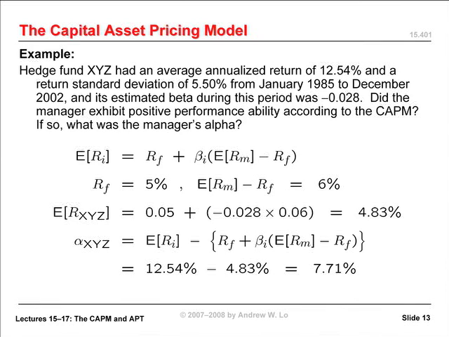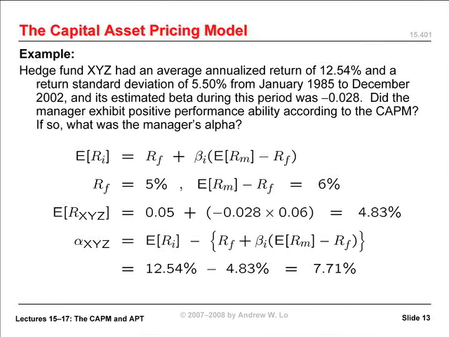Well, let's do the math. The expected rate of return is equal to RF plus beta times the market risk premium. Market risk premium of 6%, risk-free rate of 5%. Plug that in with the beta of minus 0.028, and you get that this manager should have earned 4.83% per year. That's what the manager should have earned. In fact, the manager earned a rate of return of 12.5% per year.